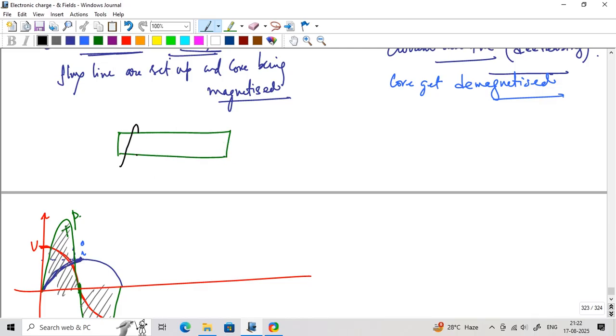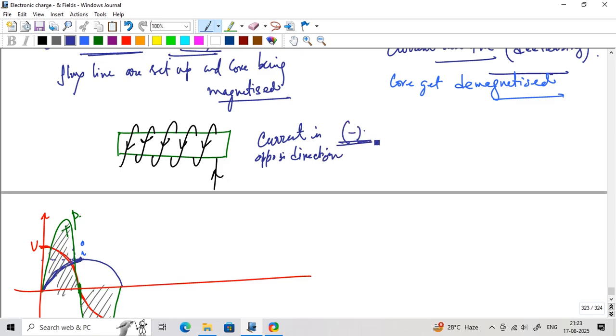Current in the opposite direction, but increasing in order. Opposite direction means, from figure 1, we are now in the negative direction.